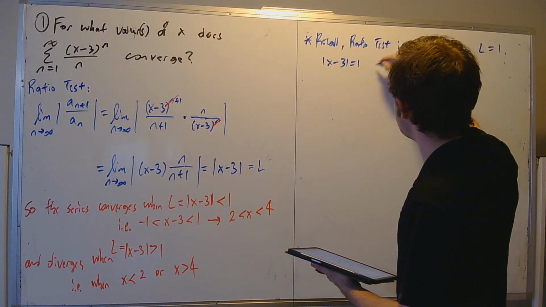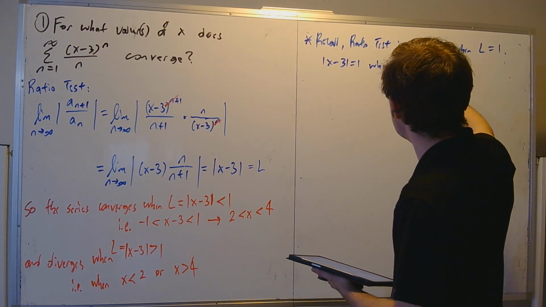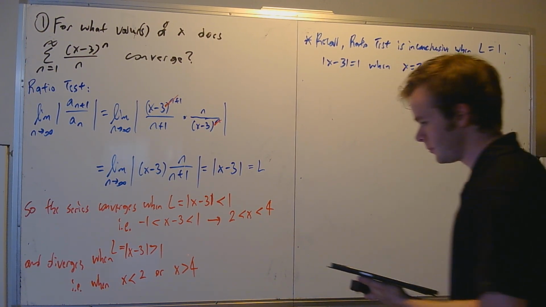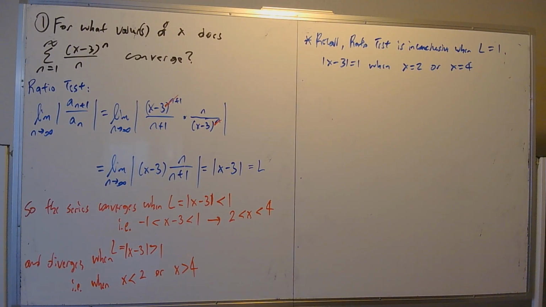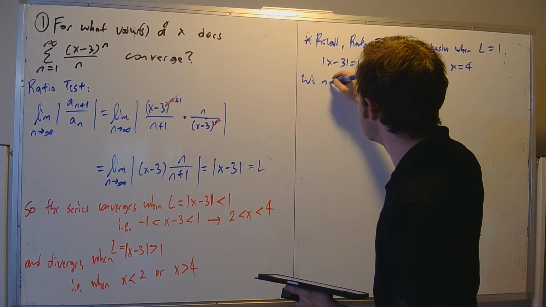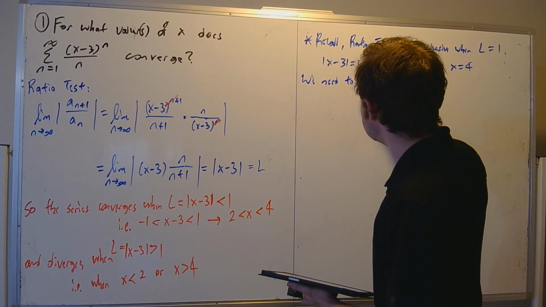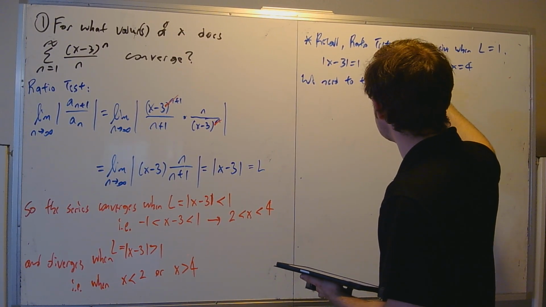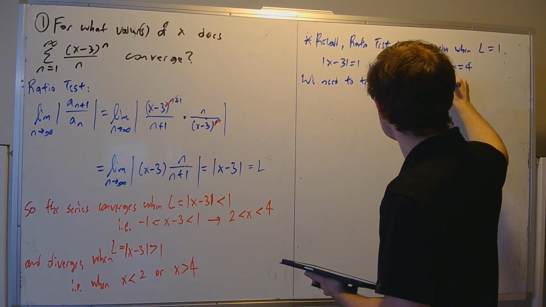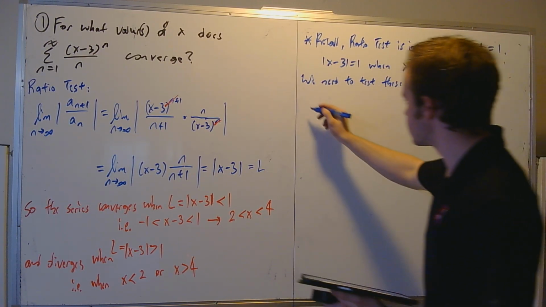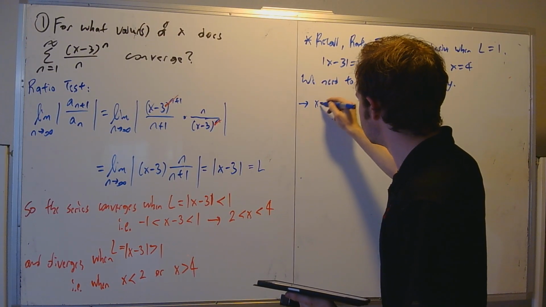That's going to mean that happens when x equals 2 or x equals 4. So those are the 2 points that we need to test. So I'll say here, we need to test these separately. Okay, so first we're going to test x equals 2.